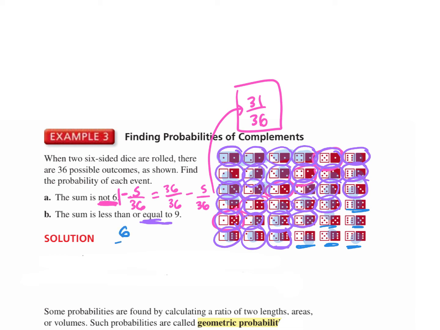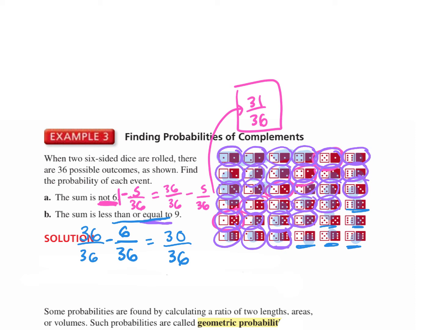So 6 out of 36 is how many are greater than 9, but we're looking for less than or equal to 9. So how can we find what's less than or equal to 9? Subtract 6 from 36. So we do 36 over 36 minus 6 over 36, which would be 30 over 36.